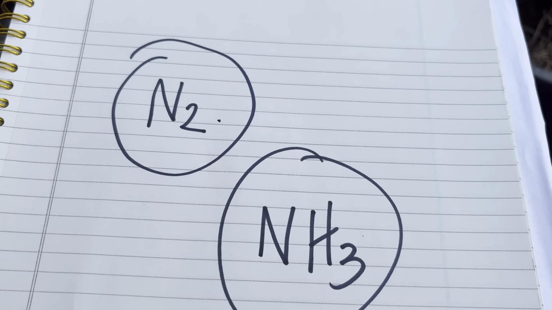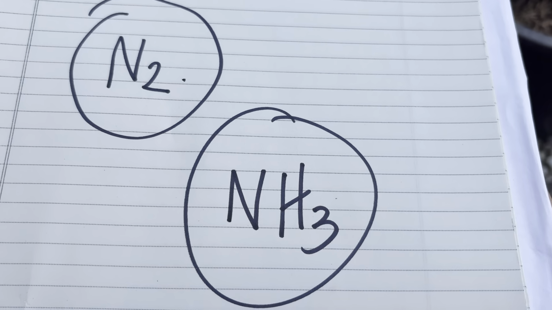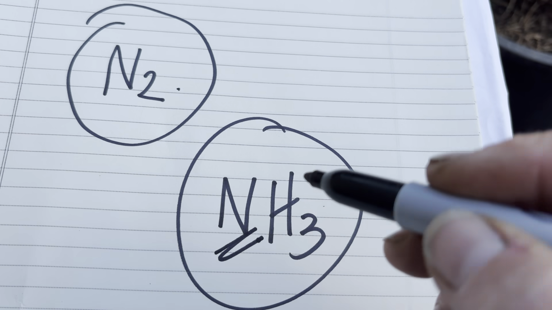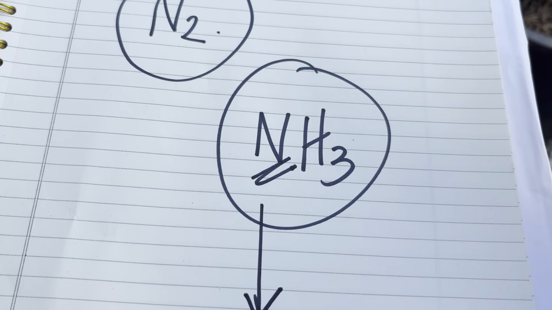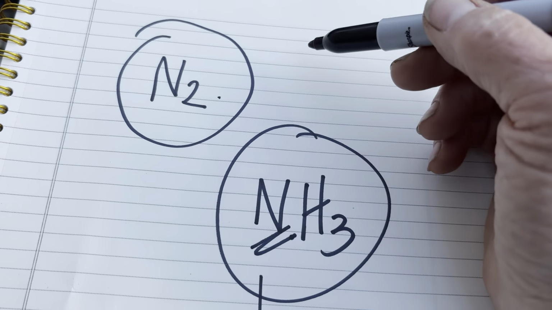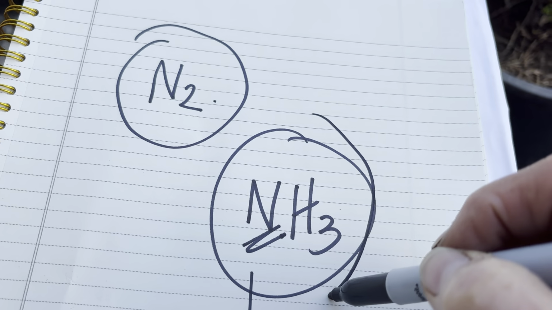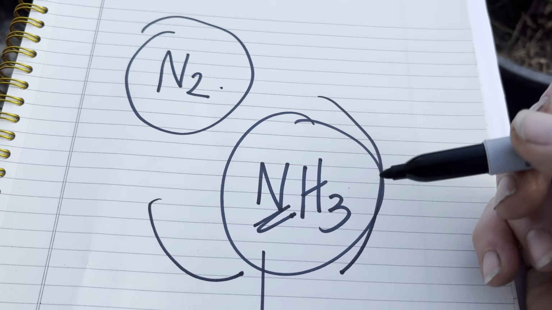Now, when the plant is done and dies back, the nitrogen that's in that plant then goes into the soil, and it can then be available for another crop. So it's kind of a great thing for sequestering nitrogen, making it usable for plants. Thank you, bacteria.